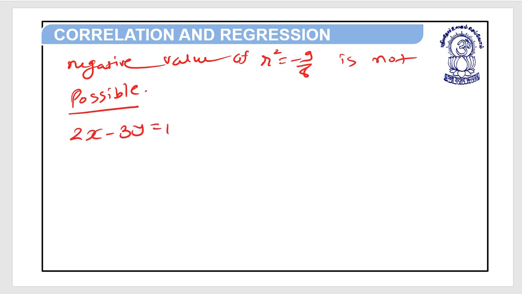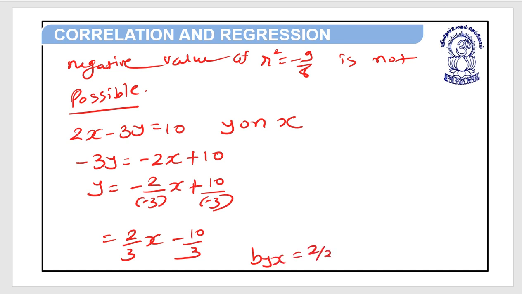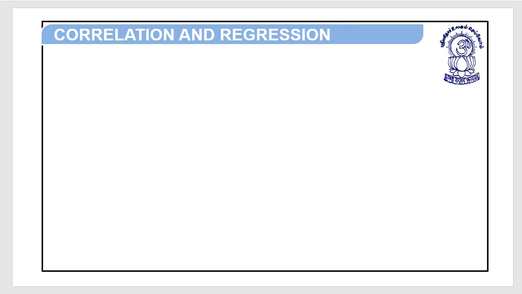again take 2x minus 3y is equal to 10, y on x. So minus 3y is equal to minus 2x plus 10. y is equal to minus 2x by minus 3 plus 10 by minus 3, that is 2 by 3x minus 10 by 3. So byx is equal to 2 by 3. So 3x plus 4y is equal to 15. So take x on y.